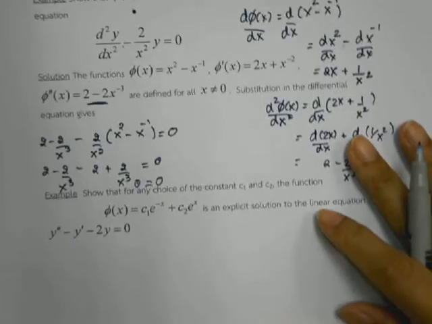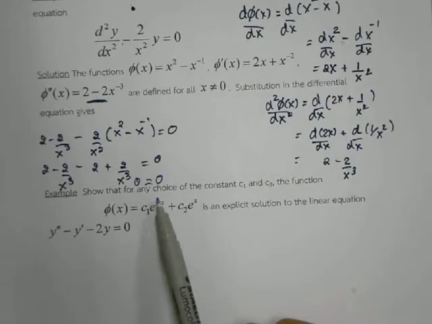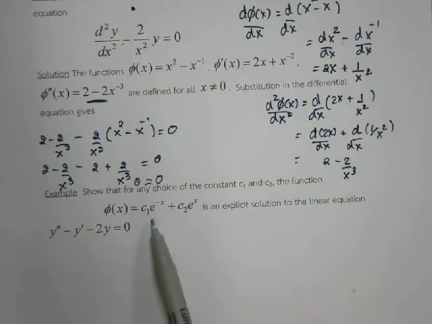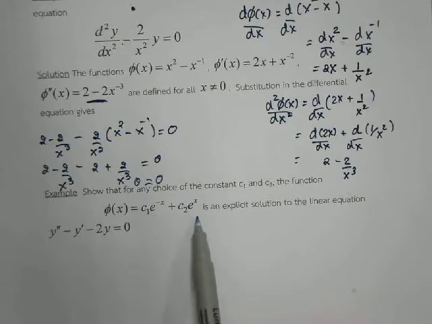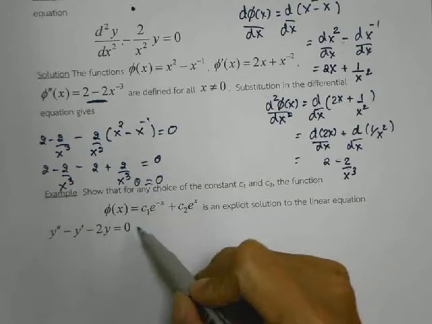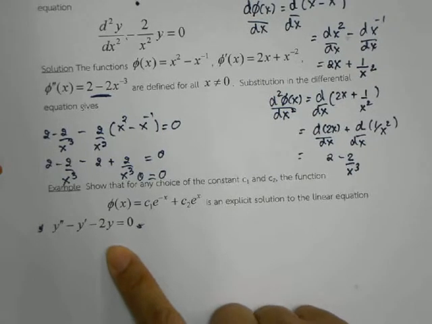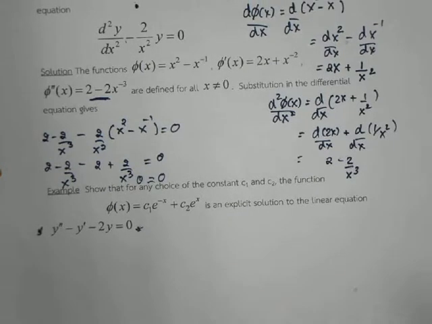The second example: show that for any choice of the constants c1 and c2, the function y equal to c1 e to the exponential of negative x plus c2 times exponential x is an explicit solution to this linear equation. This is also an ordinary differential equation, a linear differential equation of order 2.